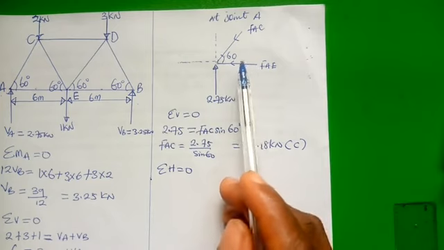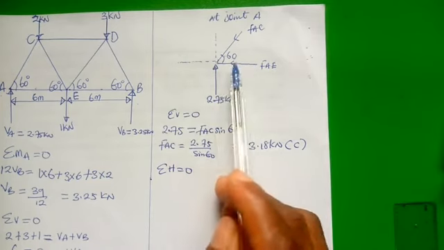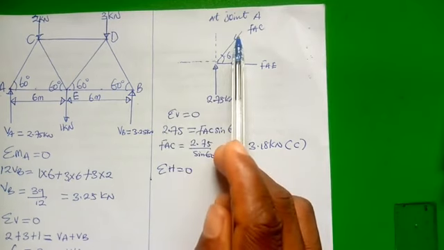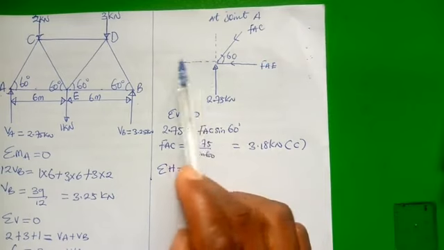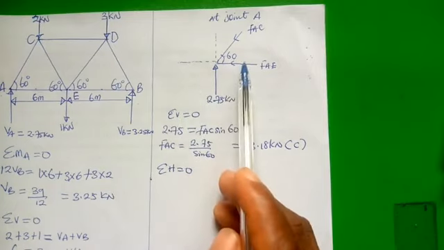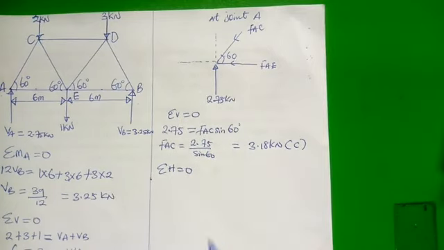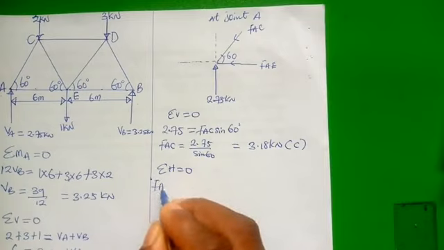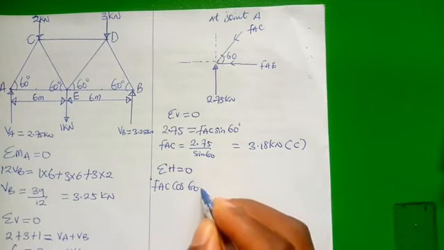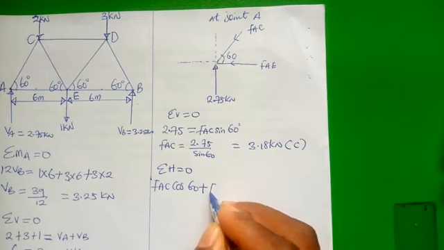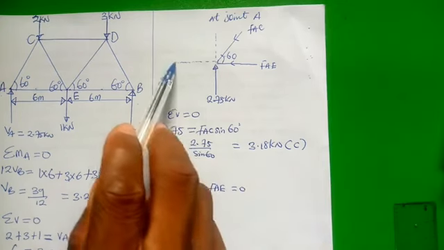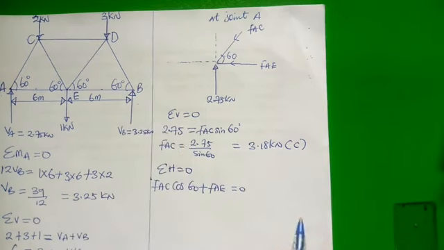And like you can see, this arrow is pointing towards this direction, and if this FAC is resolved to appear horizontally, the arrow likewise will point towards that direction. So since the two arrows are pointing towards the same direction, you have FAC cos 60 plus FAE is equal to 0, because there is no other force going in the opposite direction.